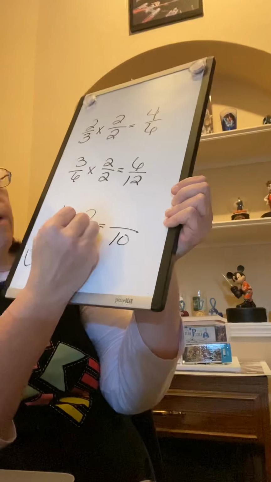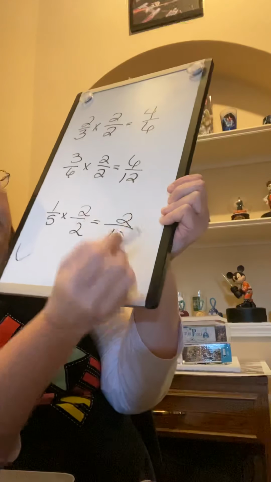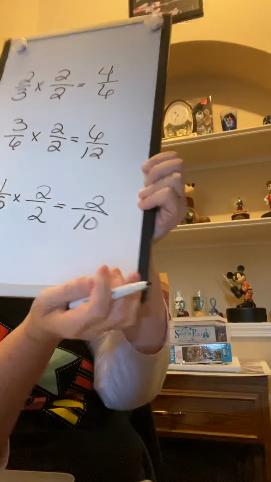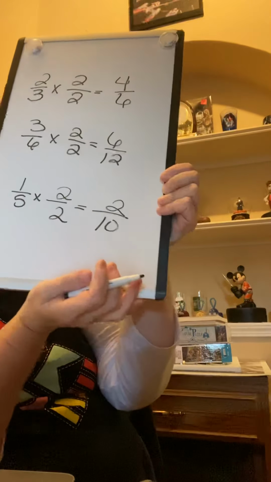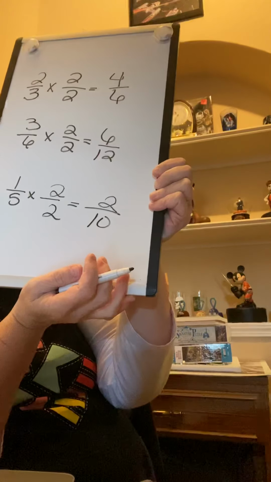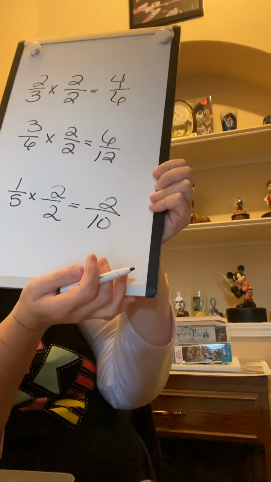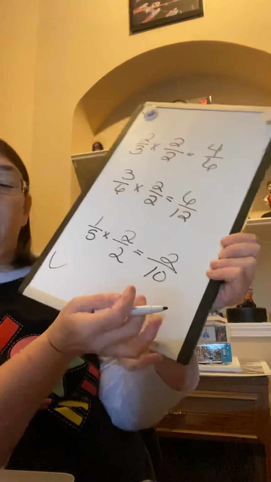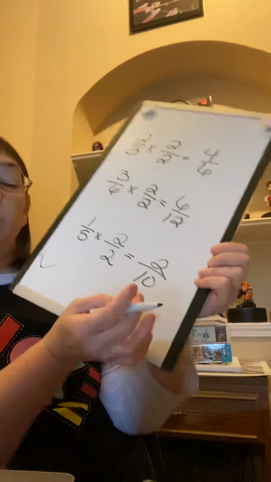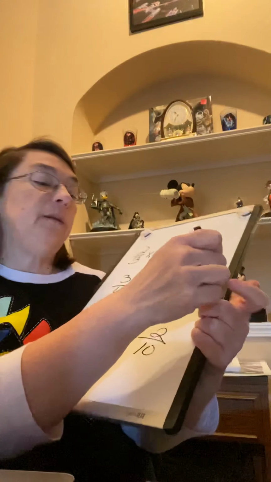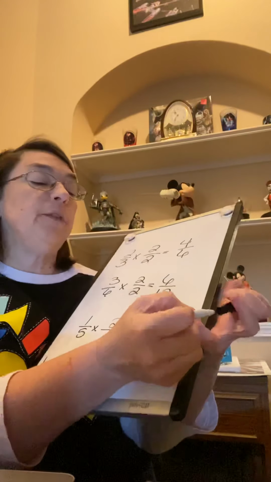Whatever I put on the bottom, I have to put on the top. So I get 2 over 10. All right, so I want you to do 11, 12, and 13, please.